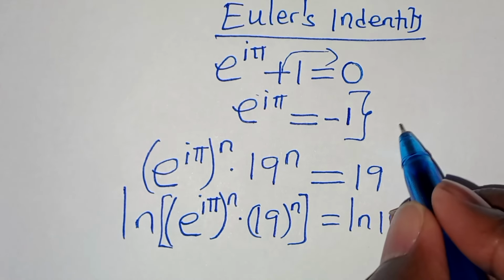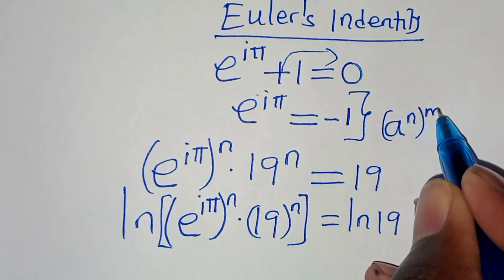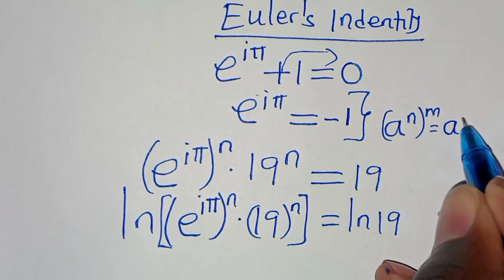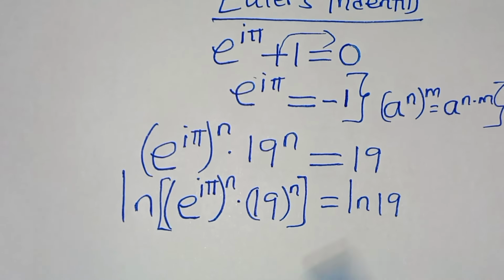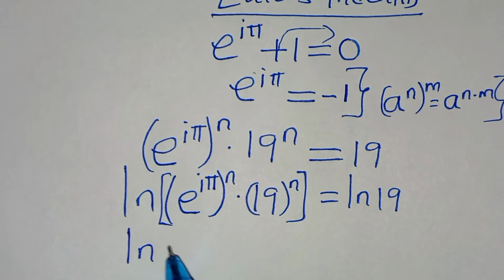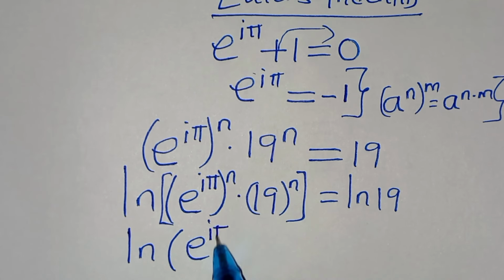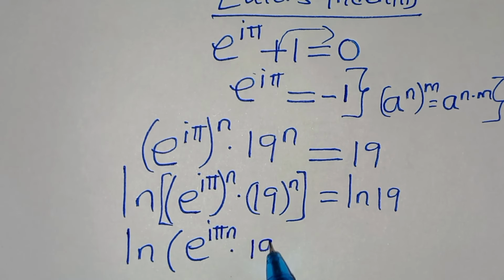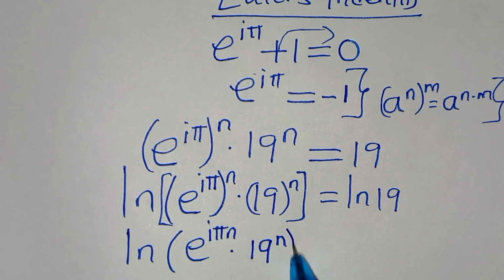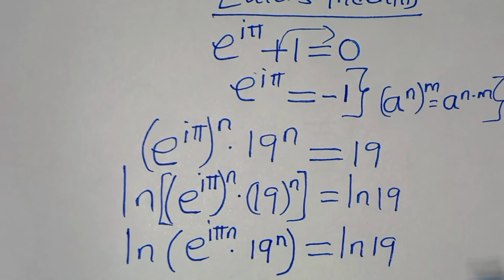This is in the form of (a^n)^m, which can be expressed as a^(n×m). So let's apply this exponent property so that we have ln of (e^(iπn) × 19^n), close the parenthesis, equal to ln of 19.